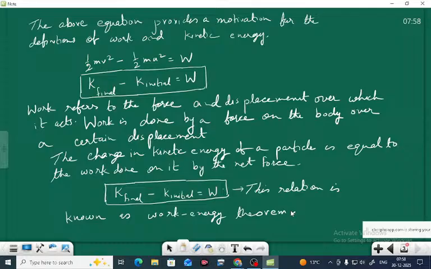So we find this and we get this for constant force, right? So this is the work energy theorem.